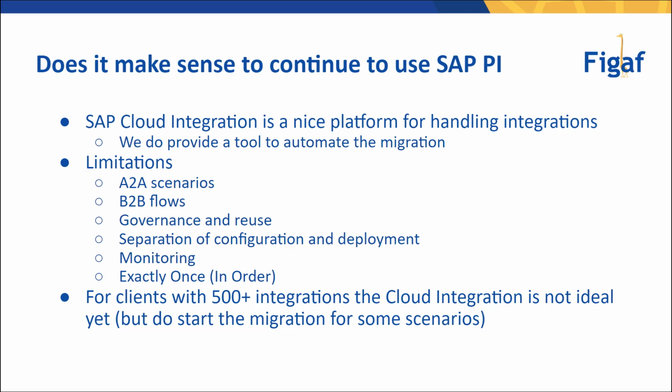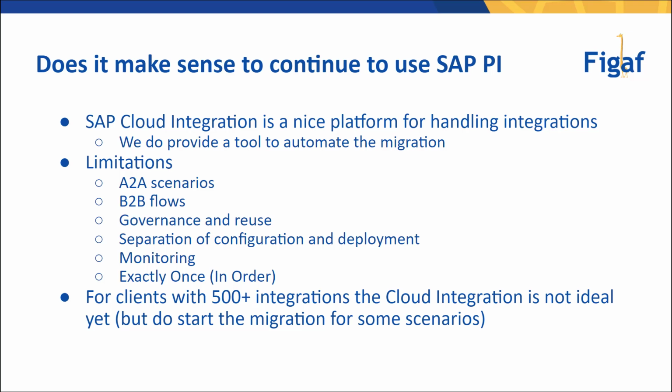So these A2A scenarios, because you're on premise, B2B scenarios. There are some limitations also on governance and reusability that's not as good in the CPI. So this week there came a new improvement that made some of the processing better, and that you could share scripts in a CPI world better.